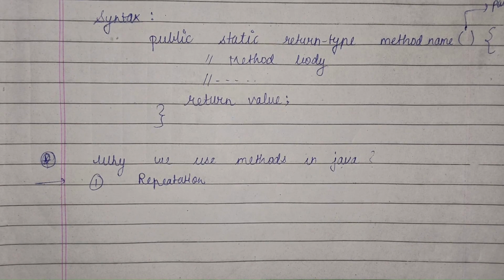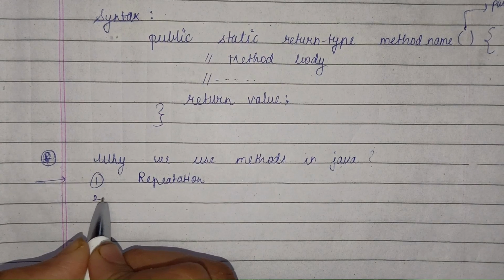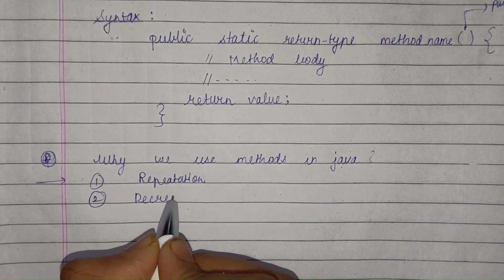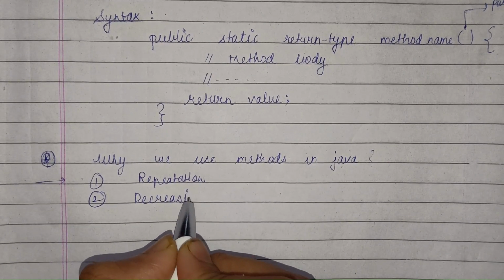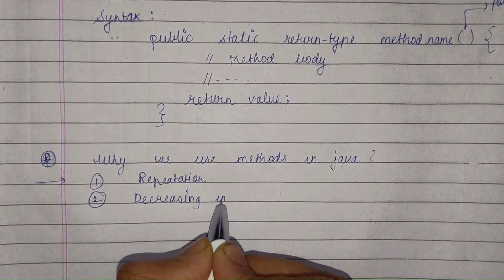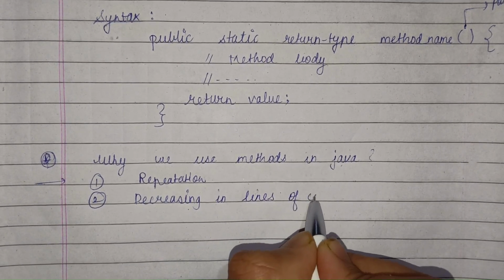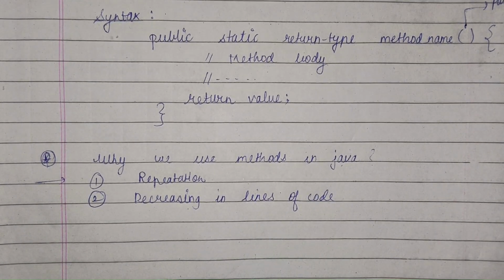The second point is decrease in lines of code. As we are just calling the function multiple times, obviously the code gets reduced.